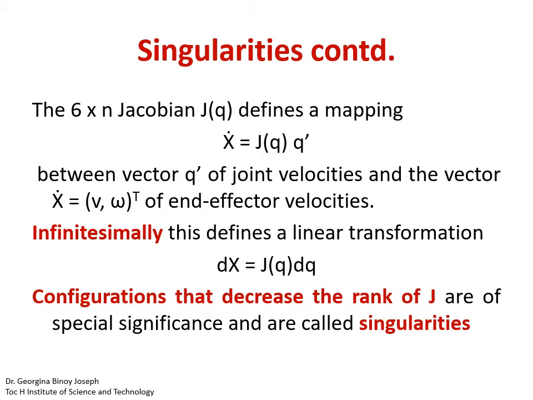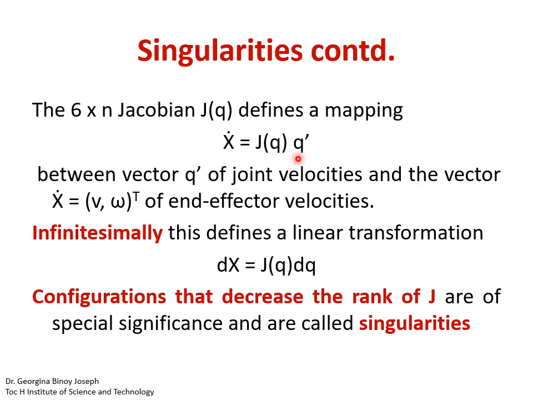Let us see formally what is a singularity. We have already studied the Jacobian. We know that the Jacobian is a 6 by n matrix, called J. It is a function of the joint variables q and it defines a mapping. The velocities of the end effector, represented by the vector x dot, are equal to the Jacobian matrix, which is a function of the joint variables, times q dot.